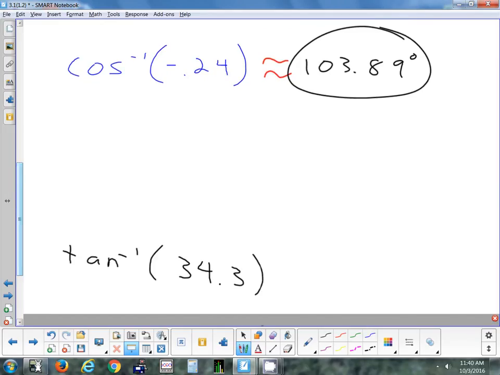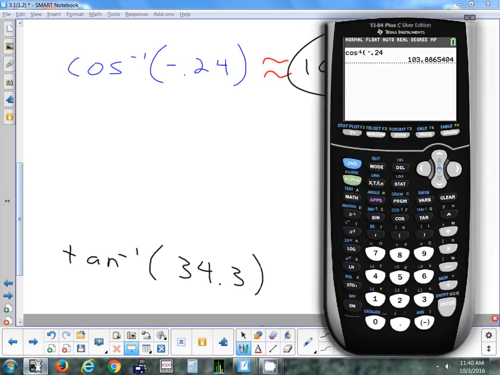Okay, and the last one, we'll do inverse tangent of 34.3. Is this 34.3 a radian or a degree? Well, it's neither. It's just a number.